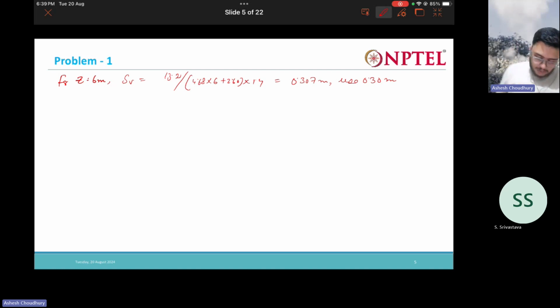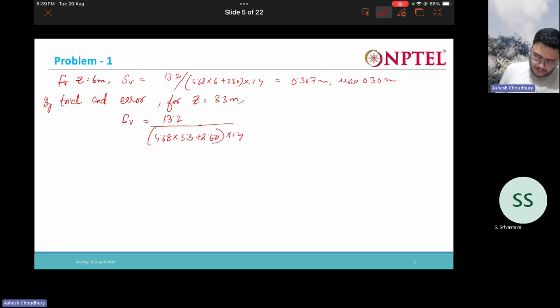So let us see now, by trial and error, for z equal to 3.3 meter, we get SV as 13.2 by, it will come as 0.52.